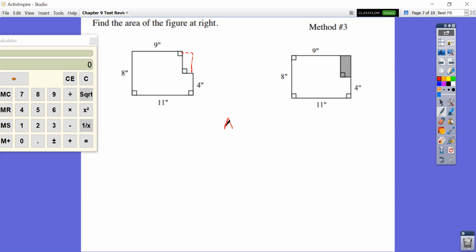I'm going to put it down, a full rectangle. That means it includes the non-shaded region and the shaded region. All right, so what do I have? Length times width, 11 times 8. I got 88 square units.